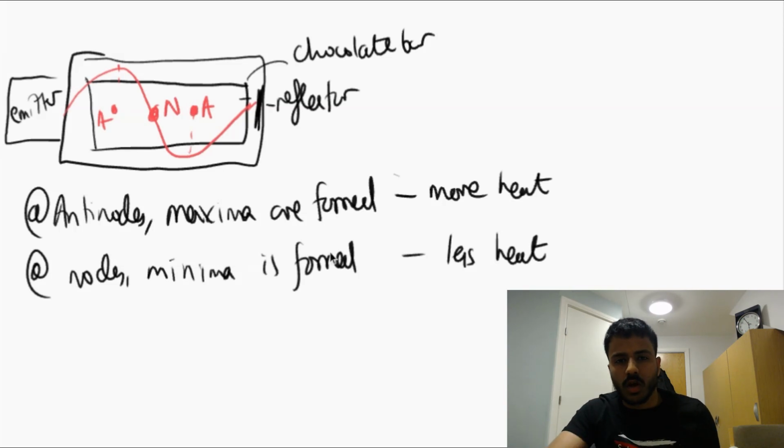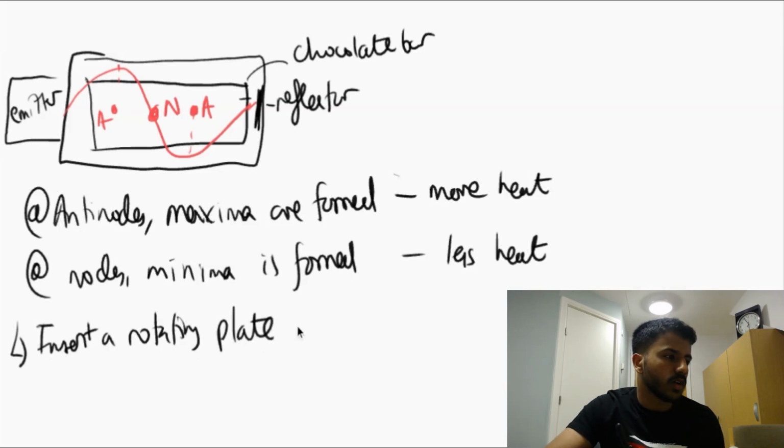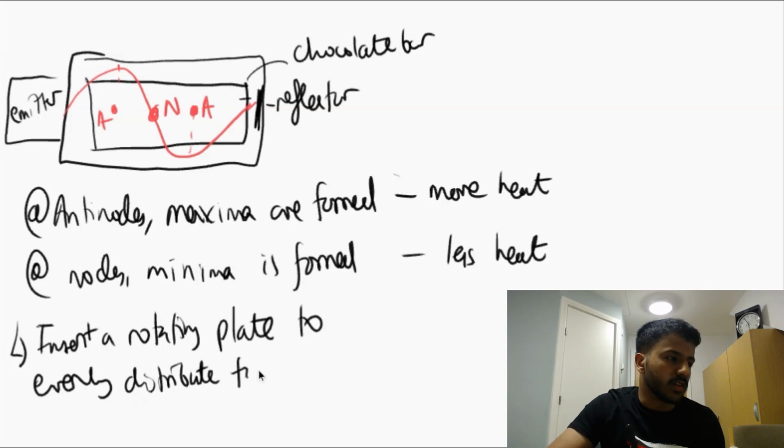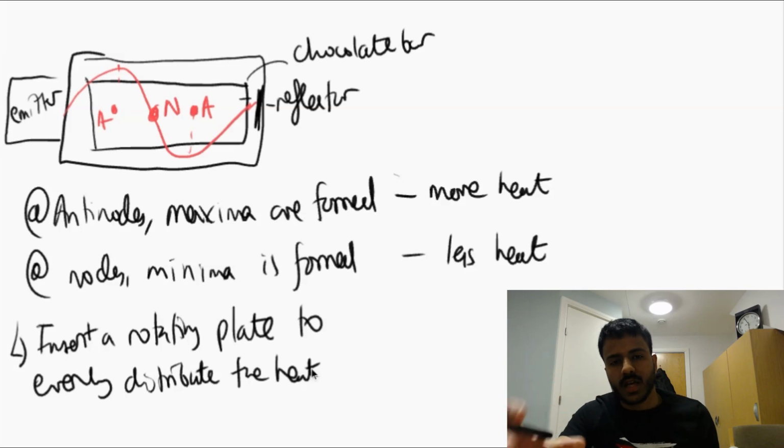And this means that only certain parts of your food will get heated up. So that is why you insert a rotating plate to evenly distribute the heat such that all parts of your food get heated up properly.